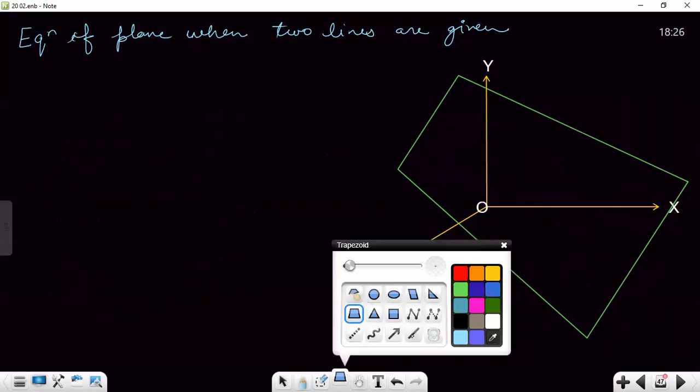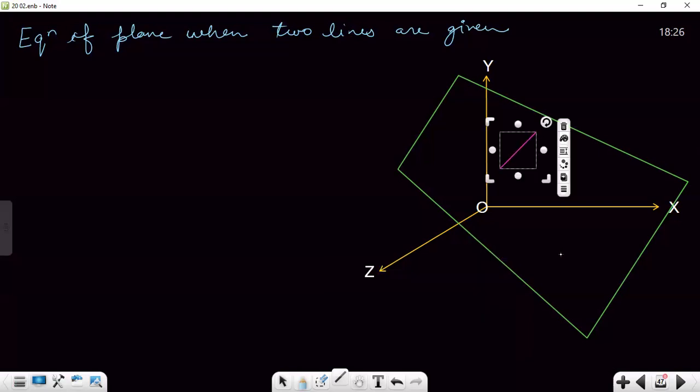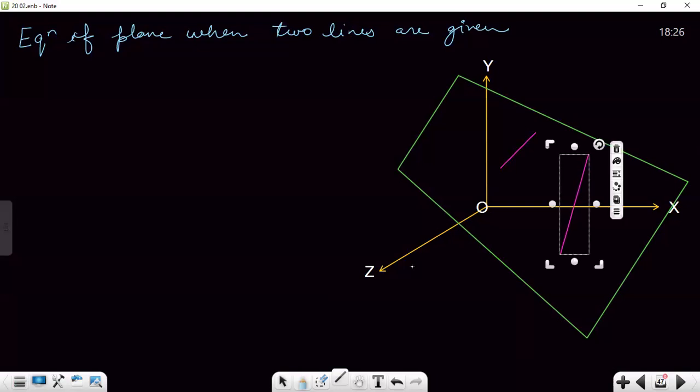Let me draw the line with pink. So there are two lines, line one and line two. L1, L2. These are the lines.